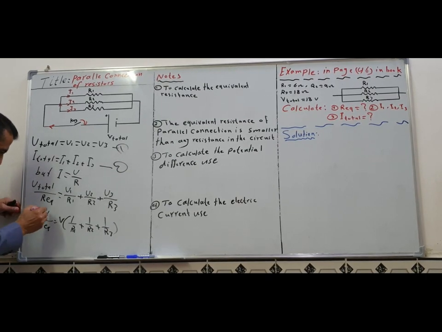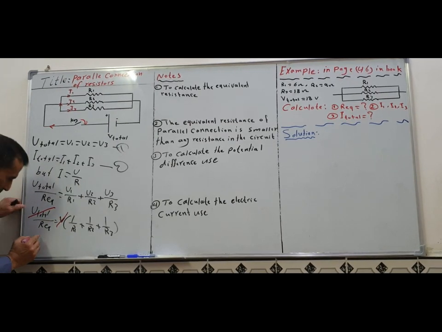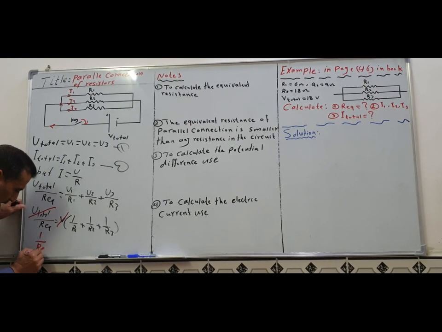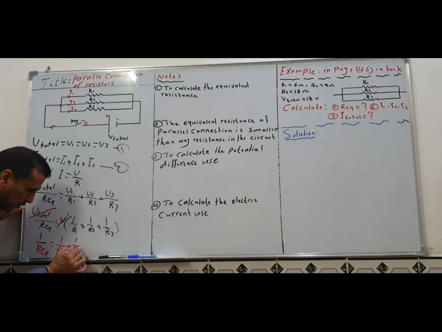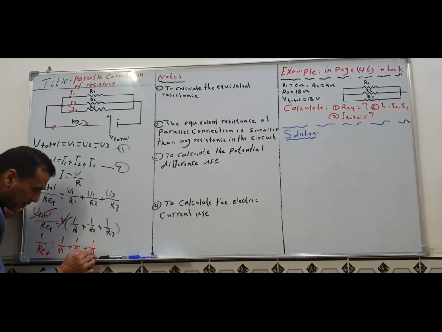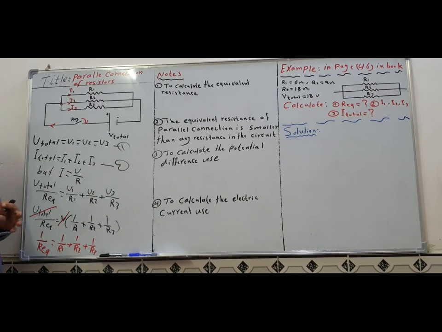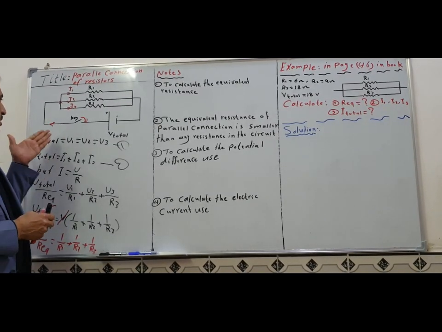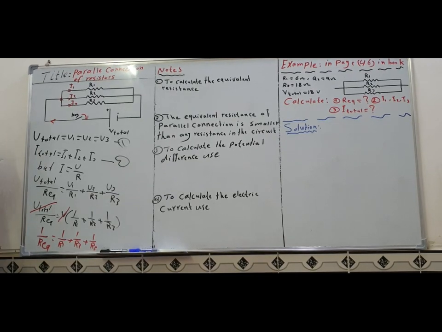Cancel V total with V total. 1 divided by R equivalent equals 1 divided by R1, R2, and R3. This equation is used to calculate the V total, I total, and R equivalent.